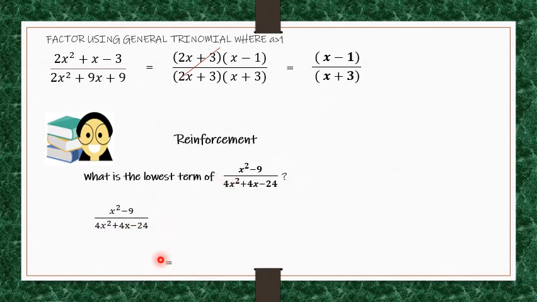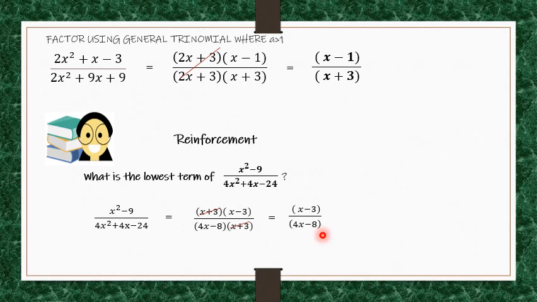Now let's factor. We have x squared minus 9, x plus 3, x minus 3. For this one, 4 times x minus 2, x plus 3. Now, as you can see, we have this common factor. Cancel out the common. And then the answer is x minus 3 over 4 times x minus 2. So this is the answer.